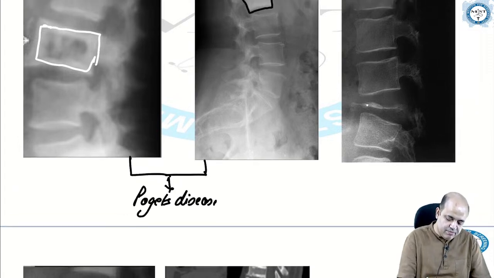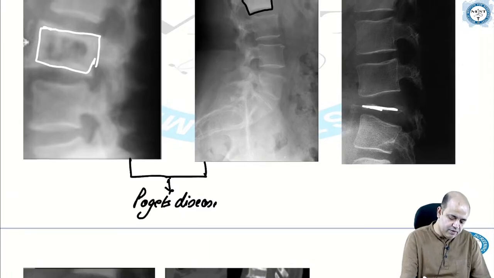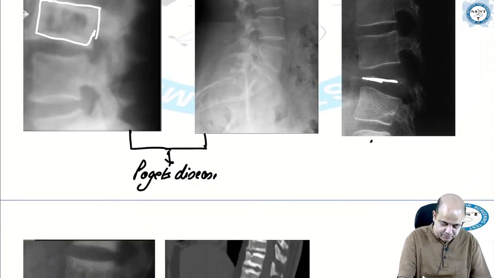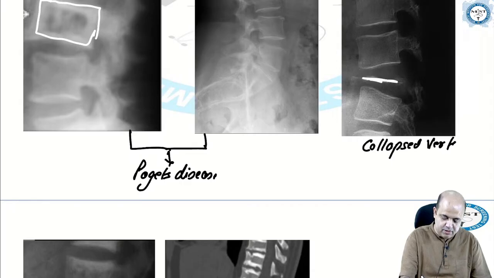Here the vertebra is collapsed. Collapsed vertebra with normal IV disc space.